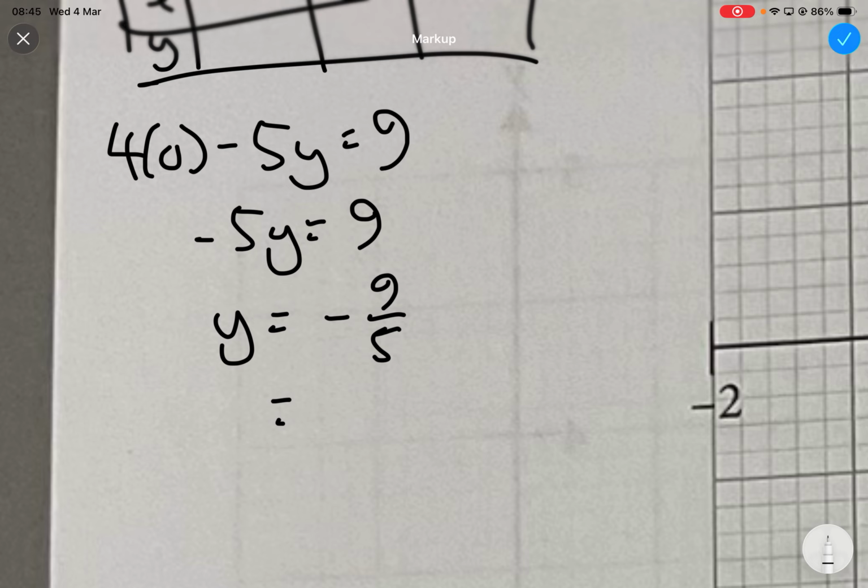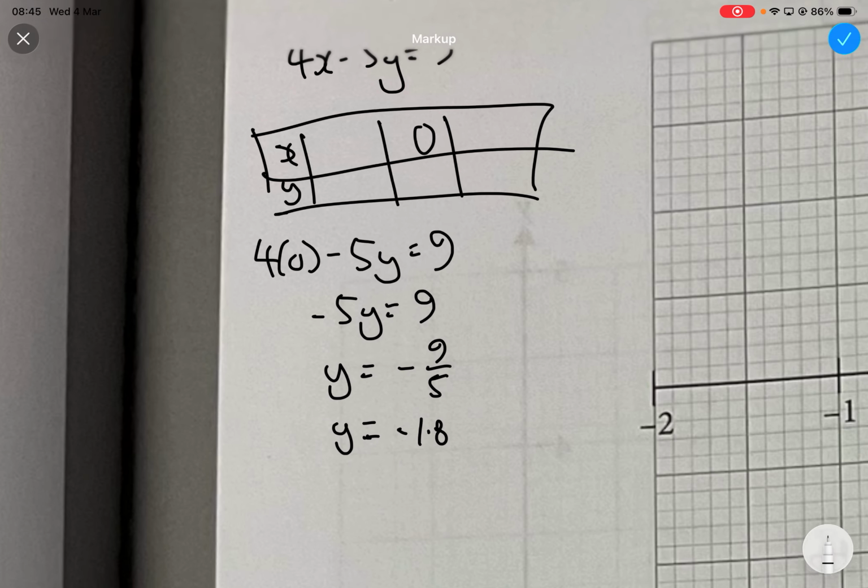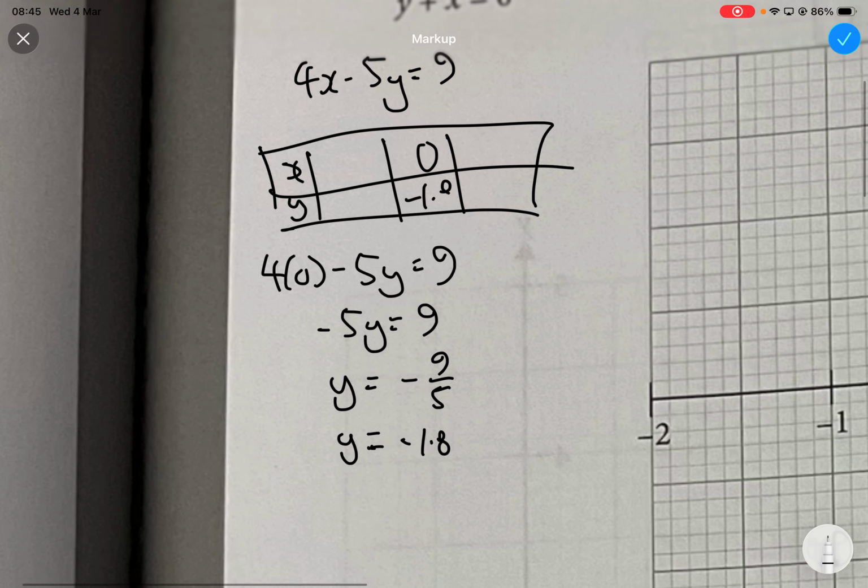So 4 times 0. Yeah, for 0. I haven't gone to the negative 2 yet. So y equals to negative 1.8. Okay? I have 1 point.